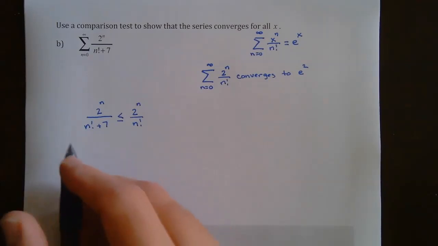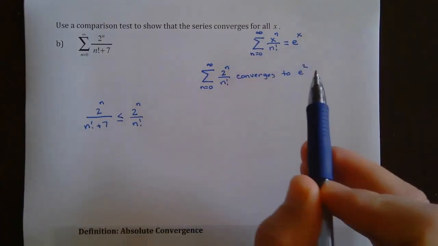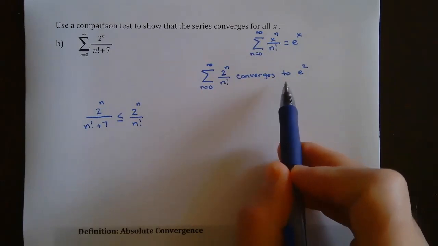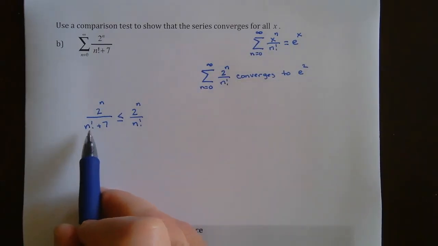Because this one converges for negative infinity to positive infinity, this one has to converge for negative infinity to positive infinity, which means for all x.